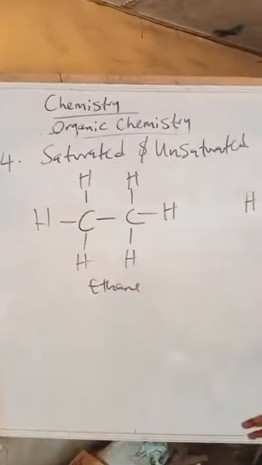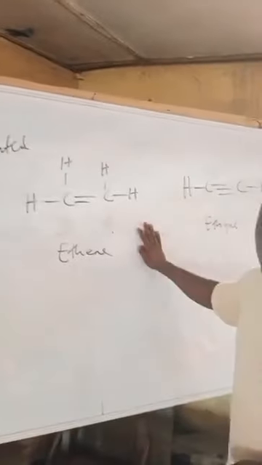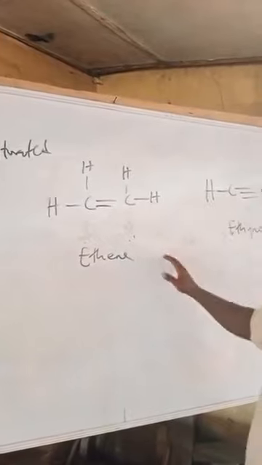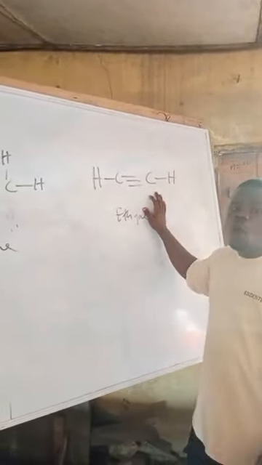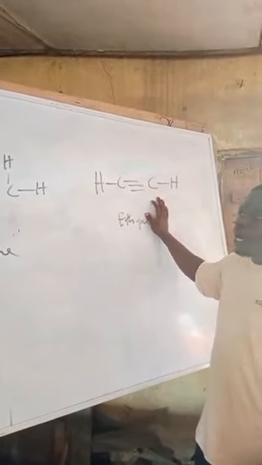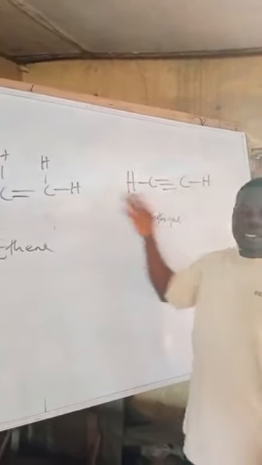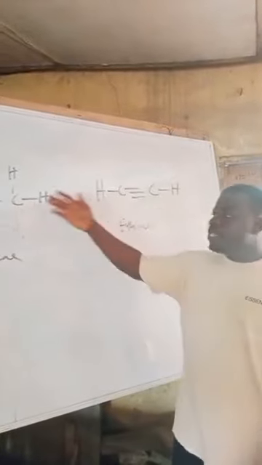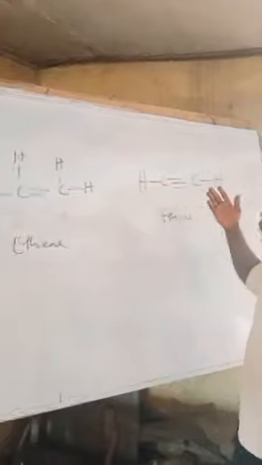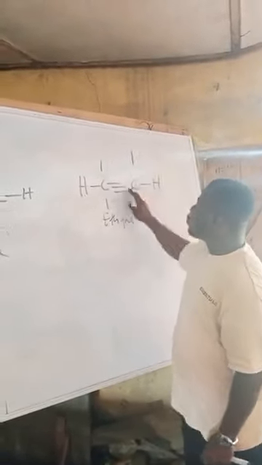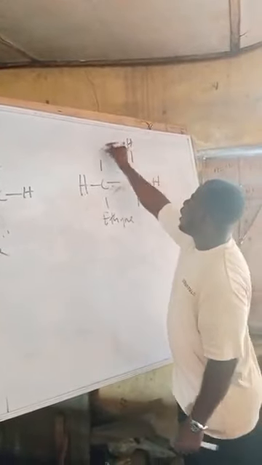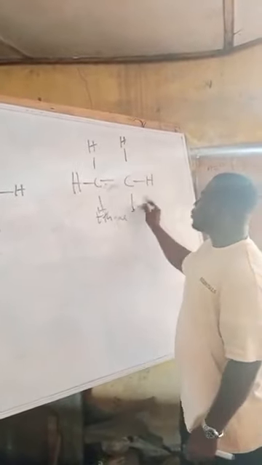Ethane is a saturated hydrocarbon. What about ethyne? Ethyne is super unsaturated. If this guy is hungry, this guy is very hungry, and you can see it has four more spaces to accept hydrogen atoms, right?